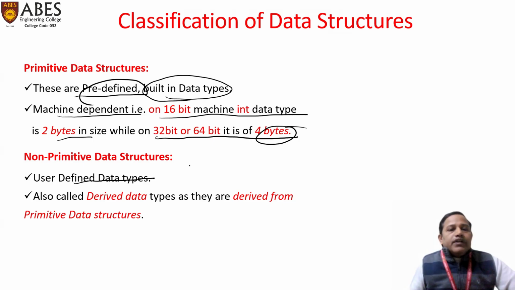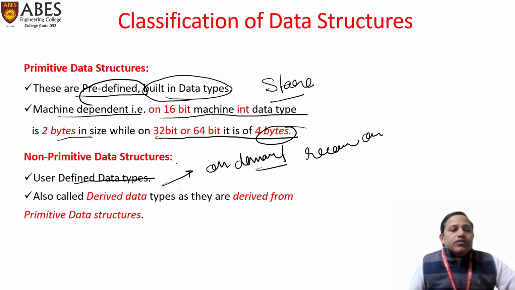Basically, it is user defined. It is defined on demand. Means if you want to record an employee, then we need a user defined data type, because basic data types only store the same type of value, and if you want to store different types of value inside a single data type, then you need to define a user defined data type.